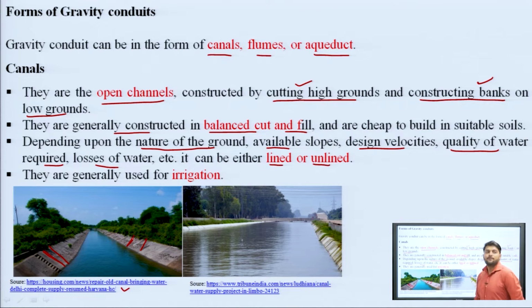It will reduce the seepage loss. This particular form of gravity conduit is generally used for the purpose of irrigation, and we can easily see that both the canals are diverting the water for irrigation.